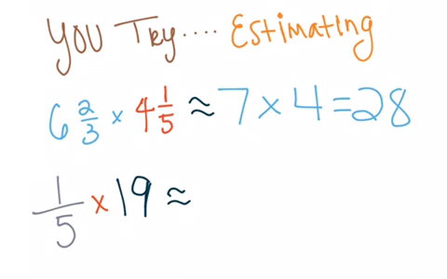Okay? 1/5 times 19, let's do that one over here with the bar diagram. It's going to be easier to go into 20 than 19 because 5 goes into 20. So we're going to break this up again. Actually, you know what? Let's change this up.